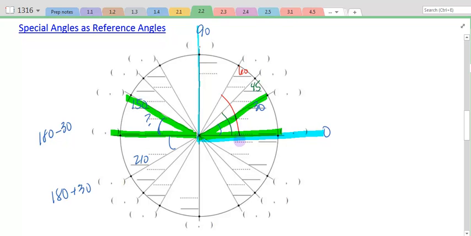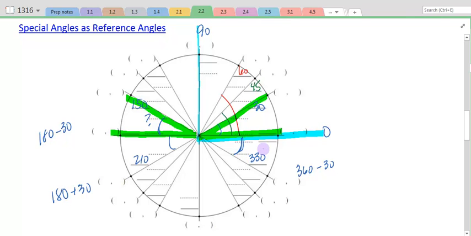And then I also would have values over here in the fourth quadrant, and that would be 360, because if I go all the way around the circle and then back up, minus 30, that gives me 330.